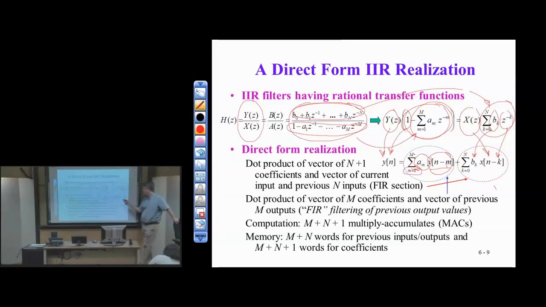So it's the same code. The reason direct form is so popular is you can take the code that you've written for the FIR filter, which is the right-hand term, and reuse it, and then adapt it for the left-hand term, the left summation. It's the same code, but you start with the previous output value, y of n minus 1, instead of the current input value, x of n, sorry.